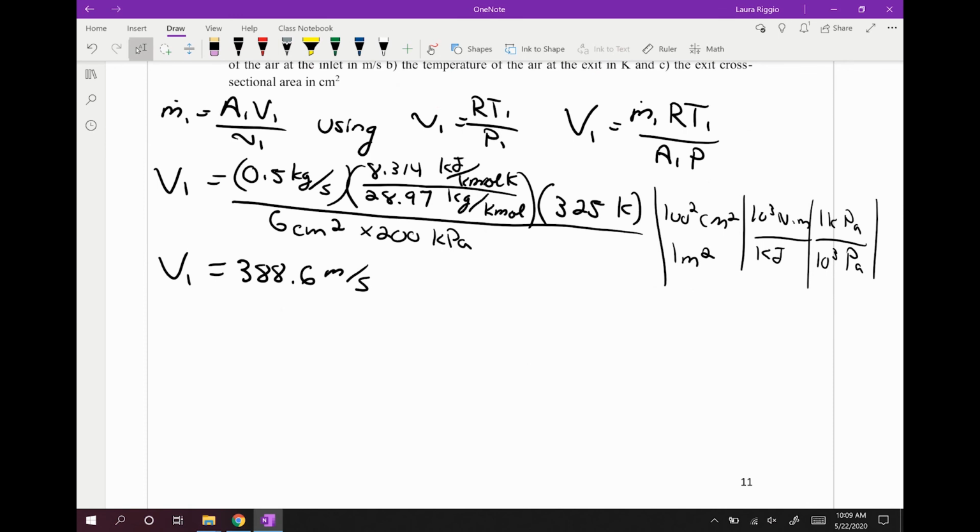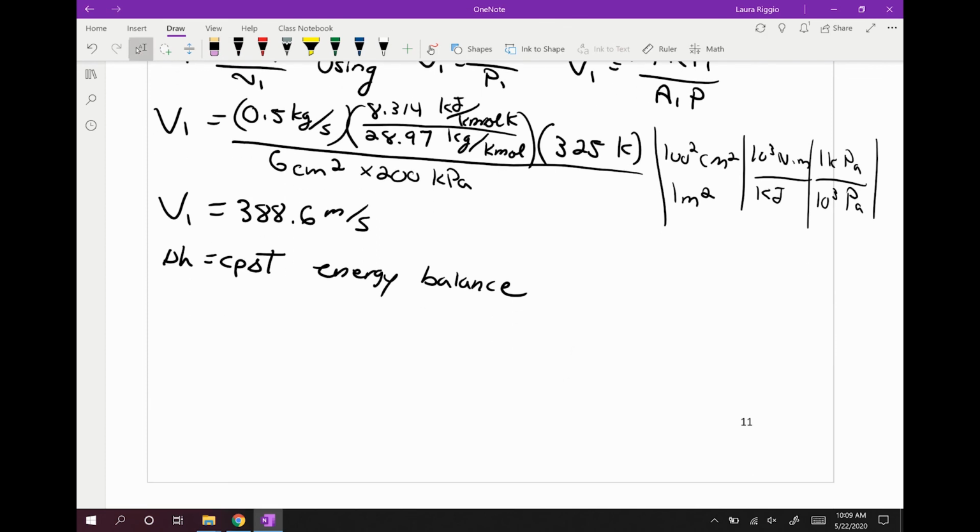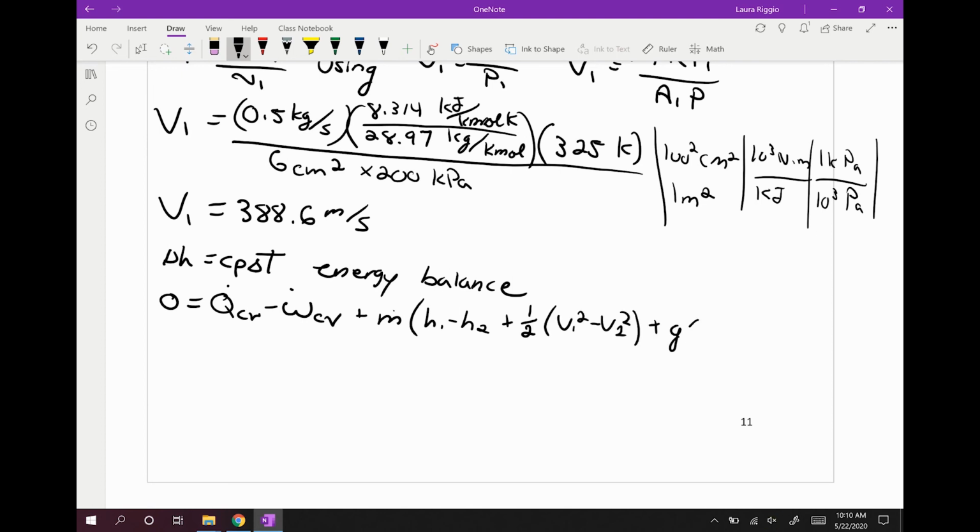And since we are assuming constant specific heats, delta H is equal to Cp delta T. So when I write my energy balance, I get 0 is equal to my heat transfer minus my work plus my mass flow rate times H1 minus H2 plus 1/2 V1 squared minus V2 squared plus g times Z1 minus Z2.